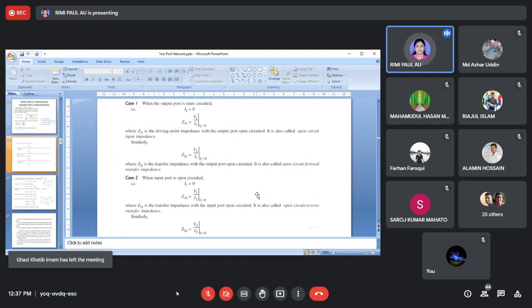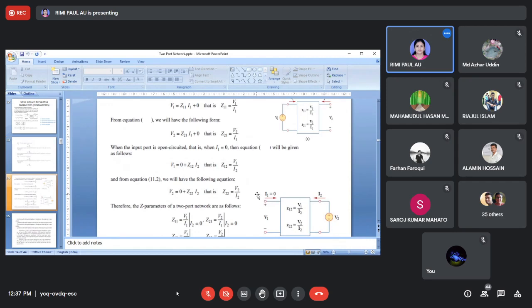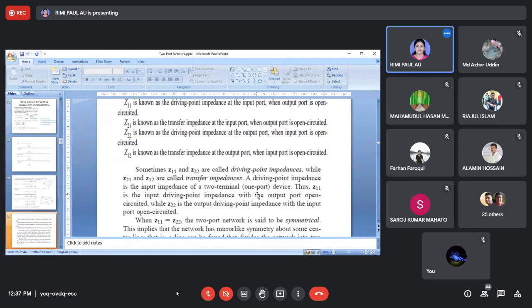So this is the way you can find the Z parameters. Also, Z11 is known as the driving point impedance at the input port, and Z22 is also known as the driving point impedance at the output port. Z21 and Z12 are known as transfer impedance.